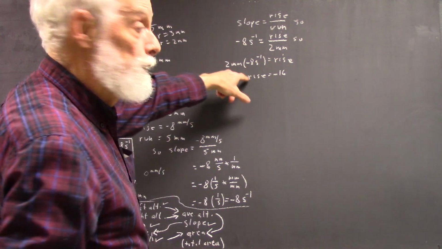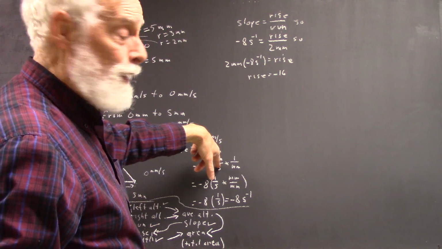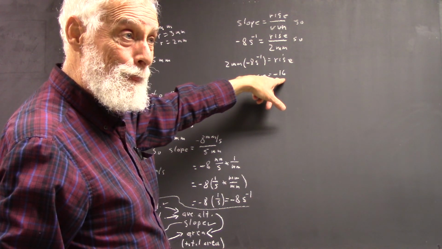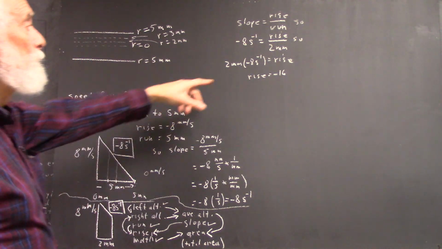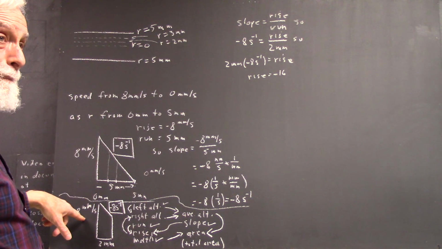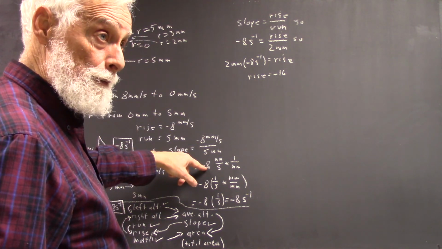My -8 reciprocal seconds that I glibly wrote down here wasn't right. Because it's clearly going to give us -16 millimeters, right? And we've only got 8 millimeters per second, right? So that's clearly wrong because I just forgot to write down my 5 here.